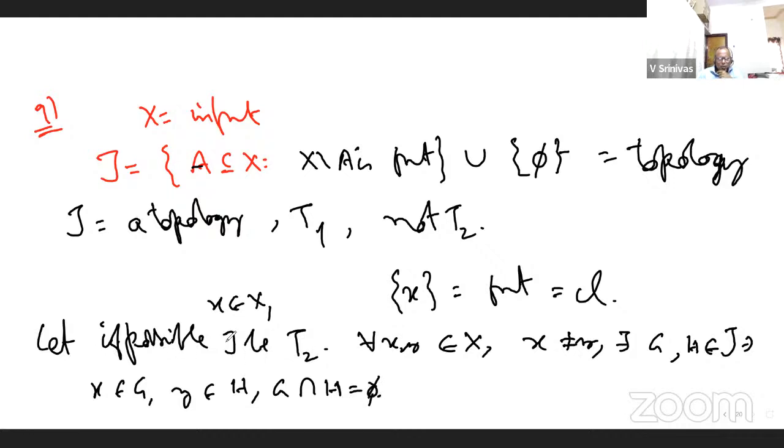Let it be Hausdorff. That is, there will be suitable open neighborhoods G and H such that x belongs to G and y belongs to H, and these two open neighborhoods are disjoint.